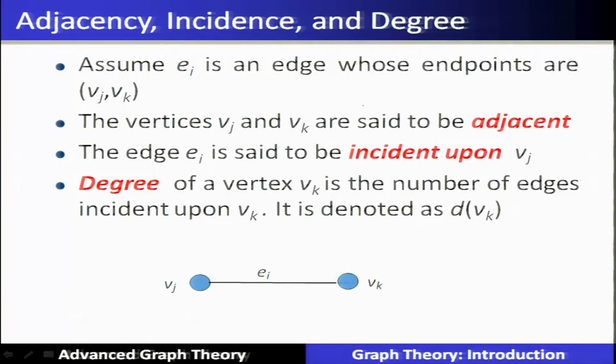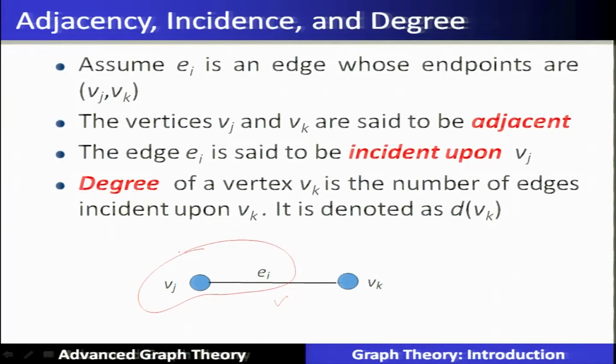Few more definitions. As I told you, the adjacency relations are preserved by a function in isomorphic graphs. So, we are going to see adjacency, incidence and degree, these three definitions. Now, the vertices Vj and Vk are called adjacent if they have an edge which connects both these vertices. That edge is said to be incident upon this particular vertex.